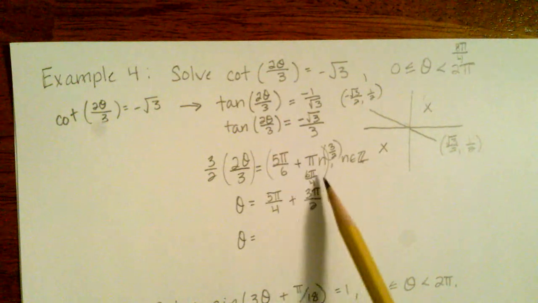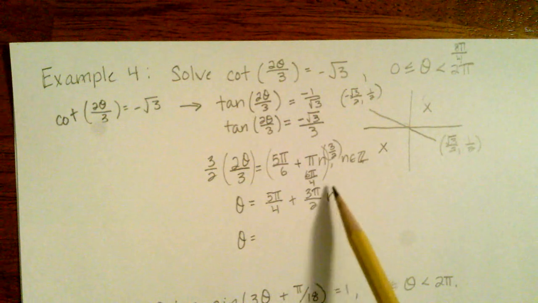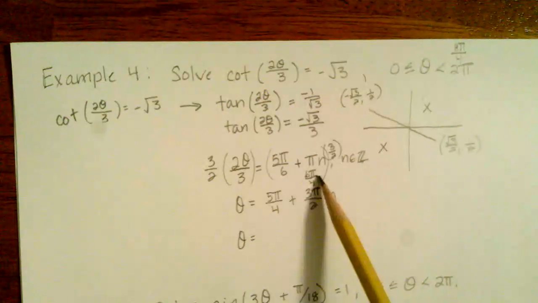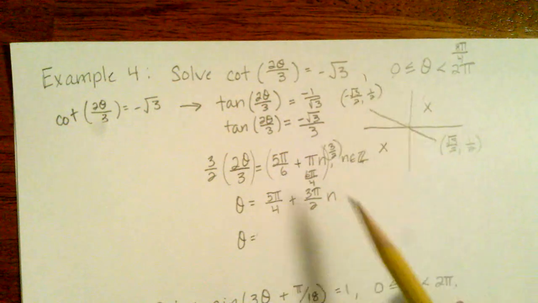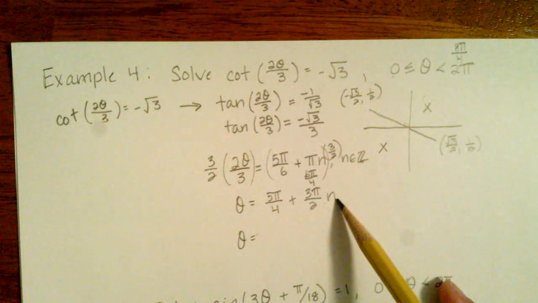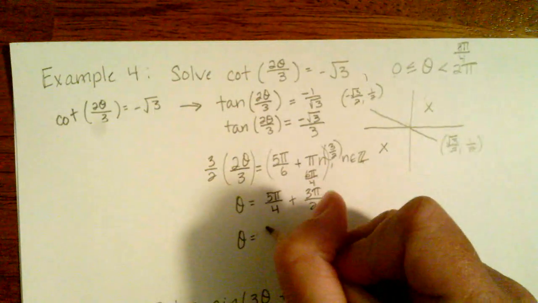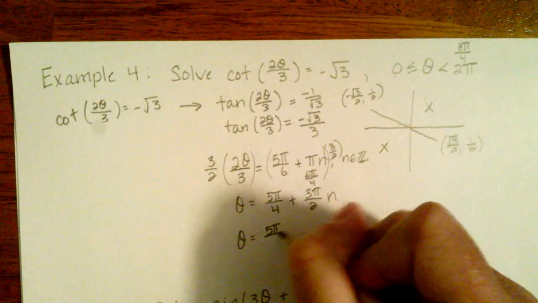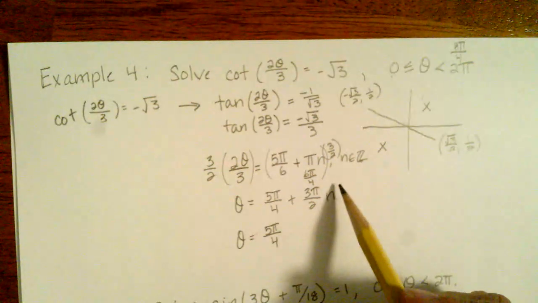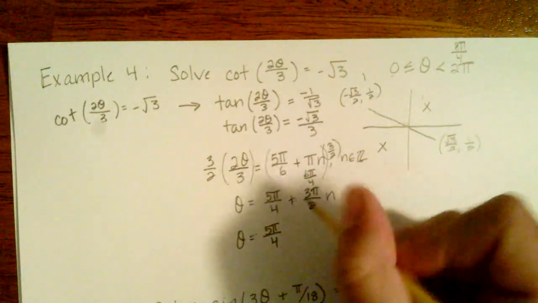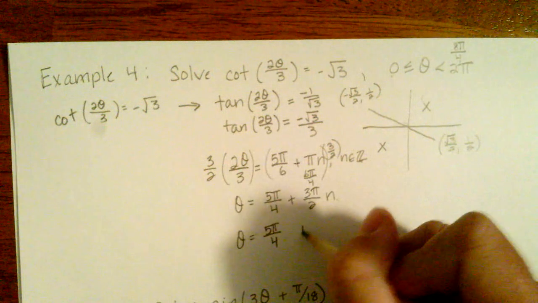So right away, I can see if I use any negative integers, if I use negative 1, I would get a negative value, which is outside. So now I'm going to let n equal 0. This becomes 5 pi over 4. If I let n be 1, this becomes 11 pi over 4.